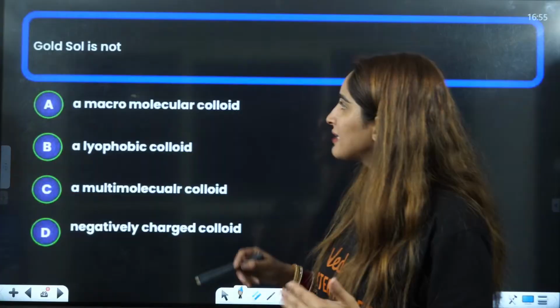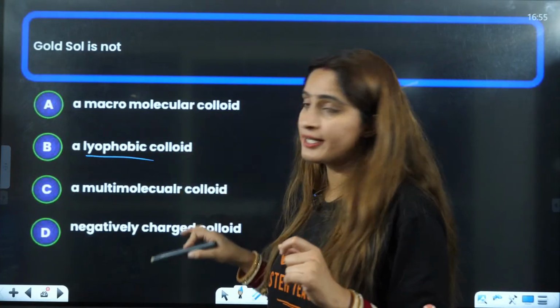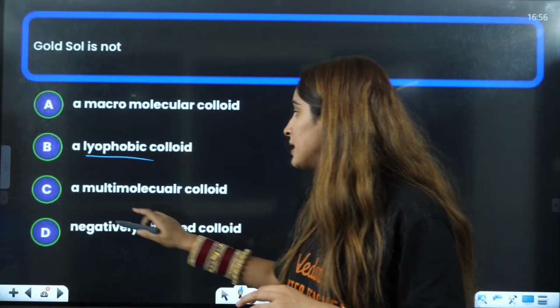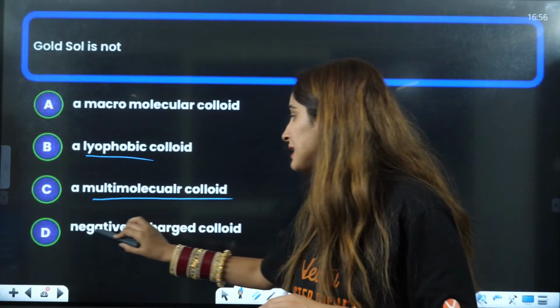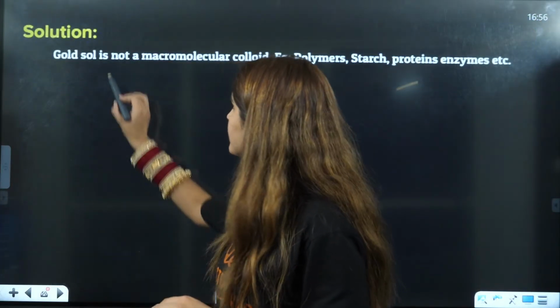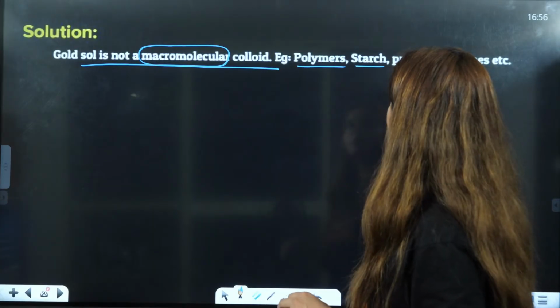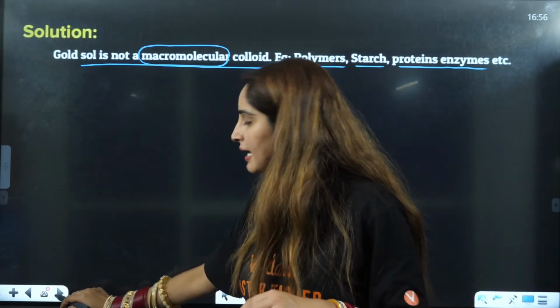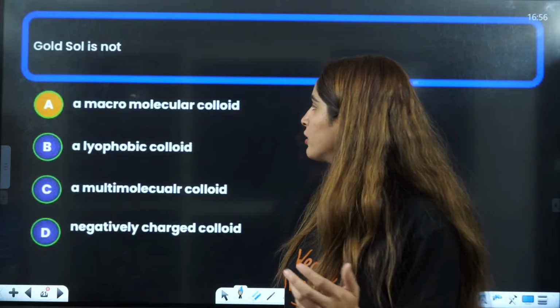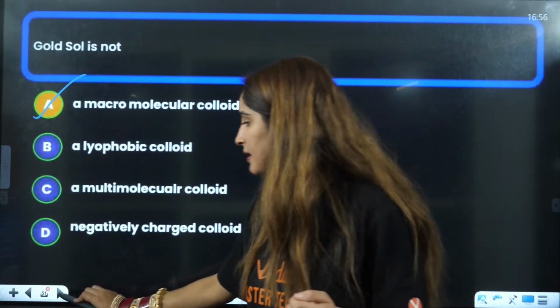In that you have gold sol, where they're asking you lyophobic. It is definitely lyophobic. Multi-molecular, yes. Negatively charged colloid, yes. So the answer will be, it is not a macromolecular colloid. For example, polymer, starch, protein, enzymes, right? These are macromolecular colloids. So A is the correct answer, right?